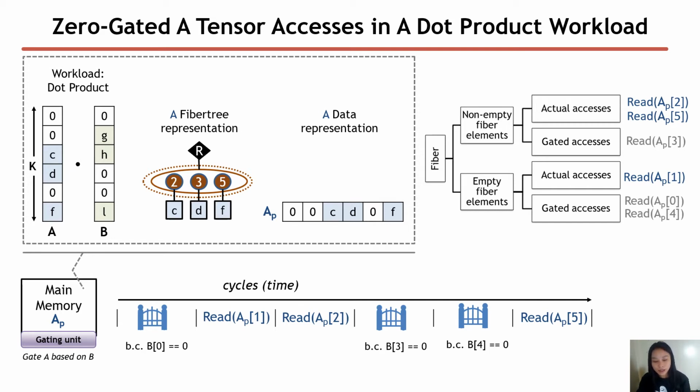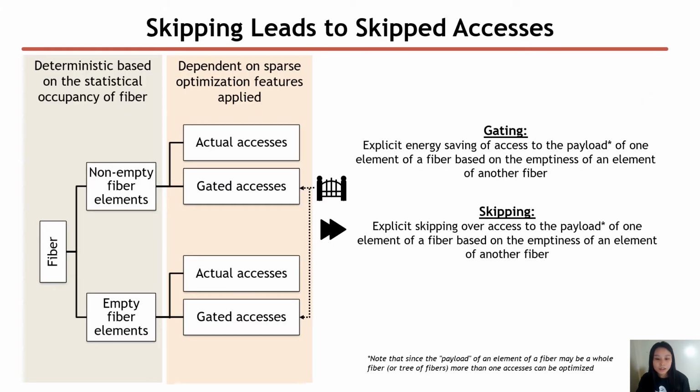Okay, so as you can see in this example, gating is able to save the number of accesses. Recall that we have a number of actual accesses of 6 in our baseline. Now it's reduced to 3. However, the number of cycles spent is the same because gating doesn't save cycles. The next optimization is skipping.